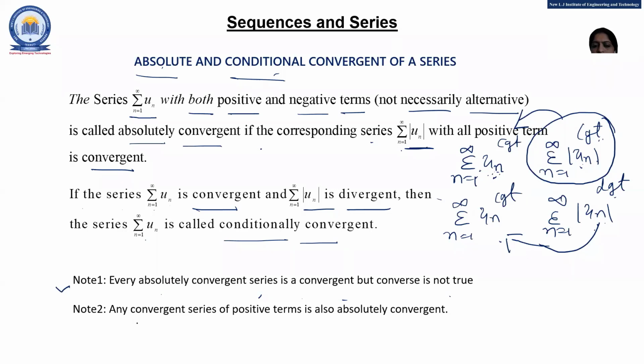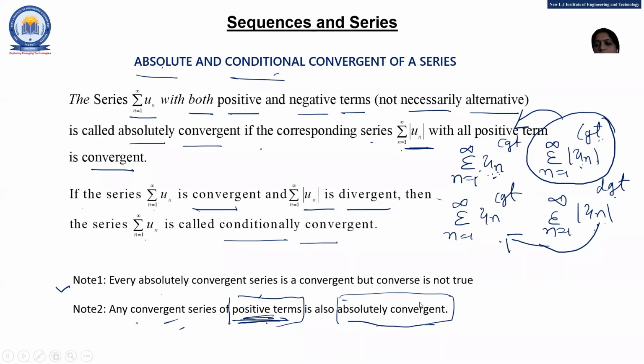Note 2. Any convergent series of positive terms is also absolutely convergent. This is very useful. If your series has positive terms only and it is convergent, then it is absolutely convergent.